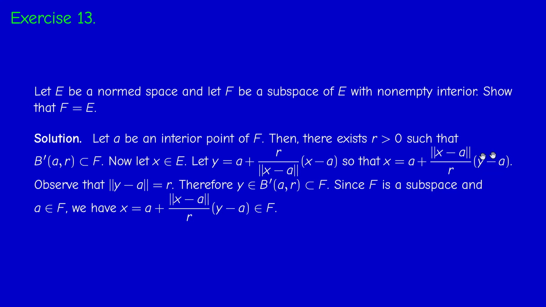So this is an element of F. This is a multiple of an element in F, so it's again in F. When I add an element of F, I get again something in F. So x is in F. Okay, so that's it. So we have a double inclusion. E is contained in F, and of course F is contained in E, so I have equality.